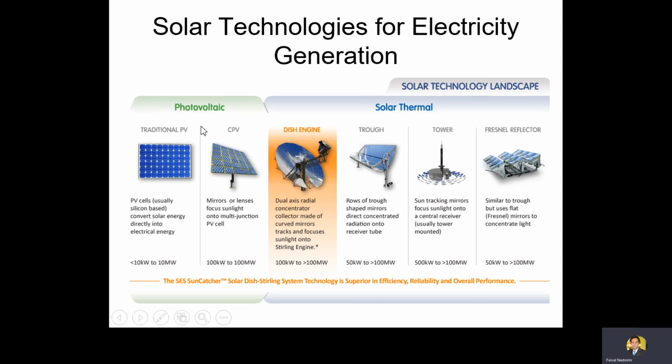The only example of non-concentrated solar power technology is the traditional PV that we generally use in our solar applications. However, all other examples of solar technology shown in this slide, that is CPV, concentrated photovoltaic, the dish engine, the trough, the power tower, the Fresnel reflector, are all examples of concentrated solar power technology.